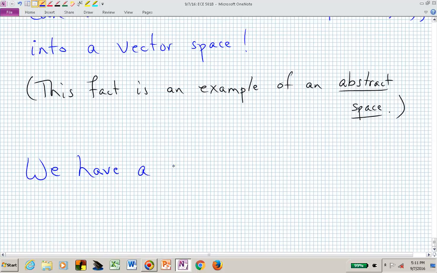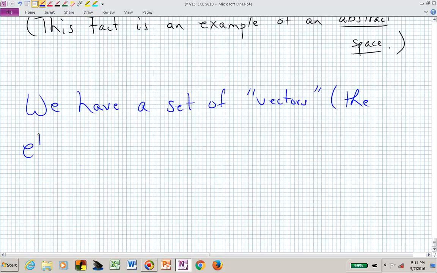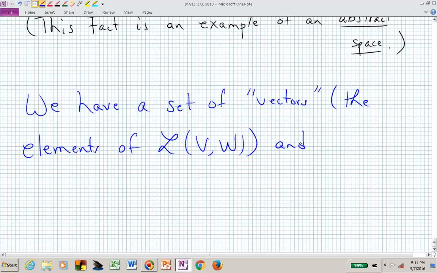We have a set of, in quotes, vectors. Those are, in fact, the elements that belong to this set of linear maps, L. And we also have a set of scalars, let's say, from our fields of reals or complex numbers.